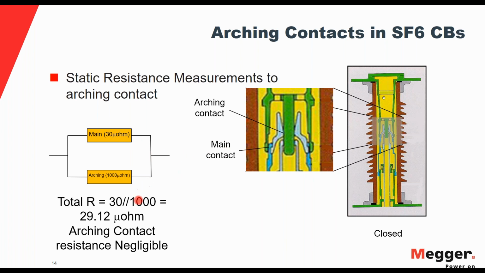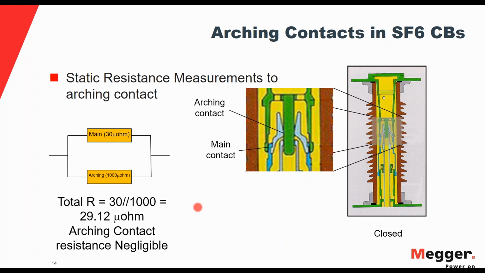So the total resistance, and these are approximate values of what you might face on site: usually the main contact is very small, and the arcing contact is high, in the milliohm values. If you did a parallel calculation for them, you will find out that the arcing contact is really negligible.